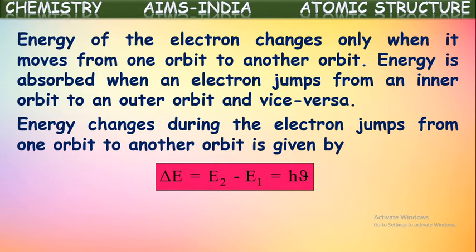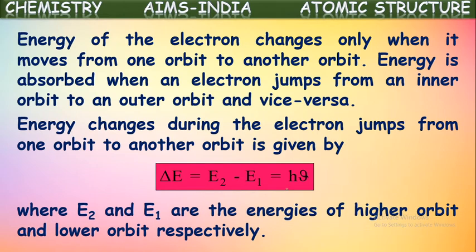That amount of energy released or absorbed is the difference in the energies of the electron in those two orbits. It is mathematically given by delta E equals E2 minus E1, which equals h nu, where E2 and E1 are the energies of the higher orbit and lower orbit respectively.